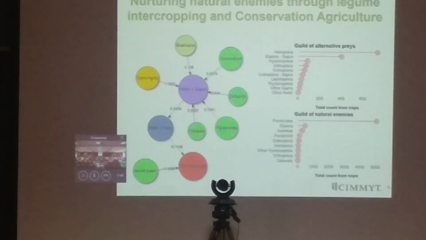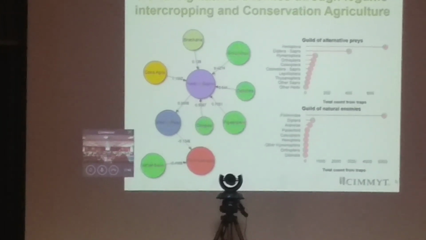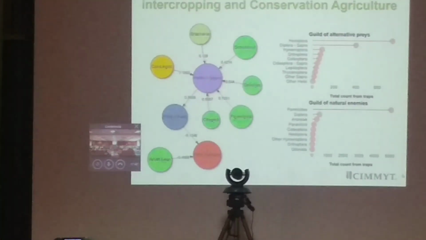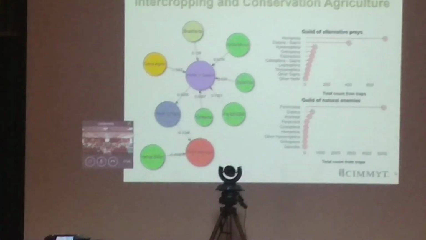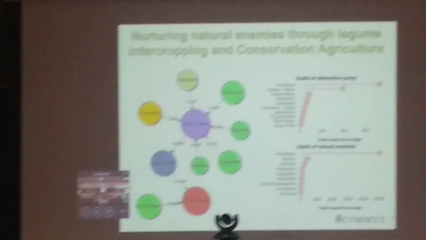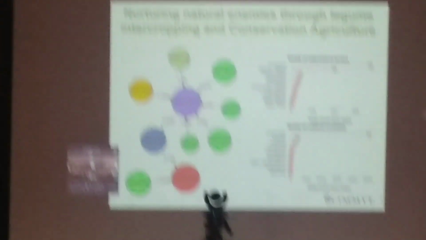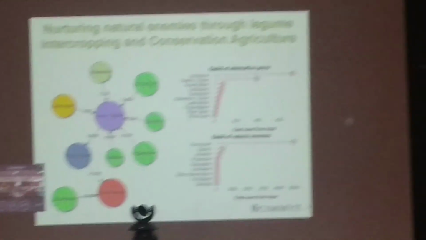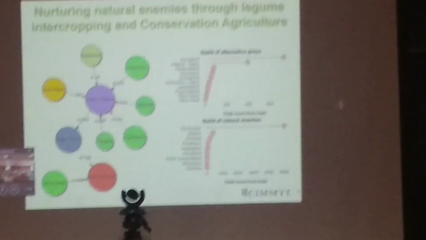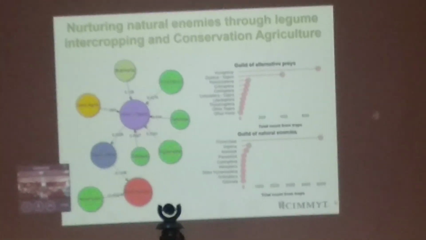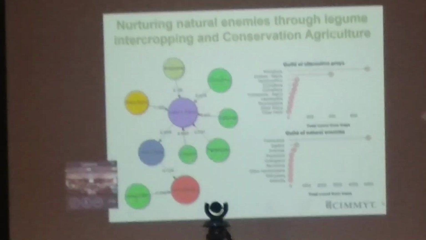But what we have been doing, we have been nurturing, first of all, the alternative prey for natural enemies. In these systems, we have nurtured aphids, the Hemiptera, these are aphids, or Diptera, which are sucking flies.